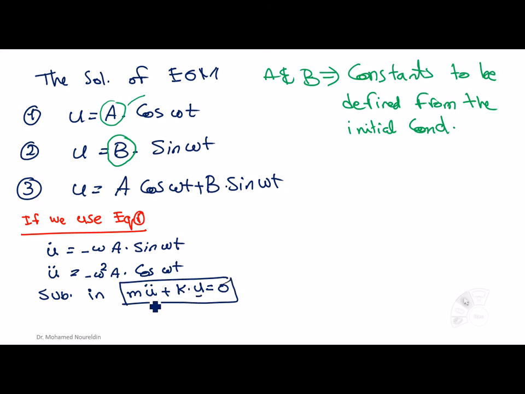This is our main equation of motion, right? We have u and we have u double dot here. So we know u, and we know u double dot.